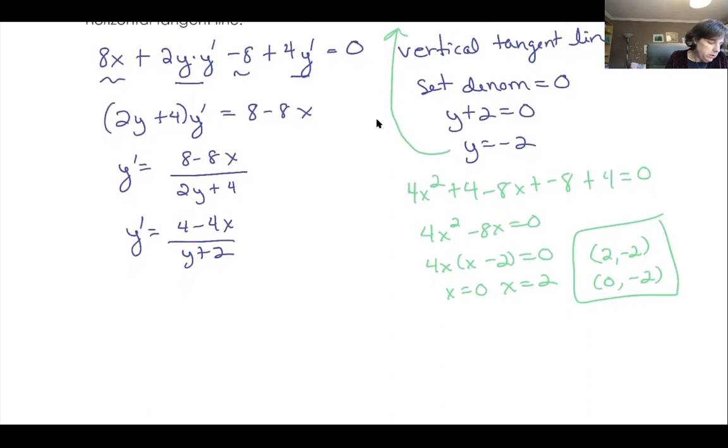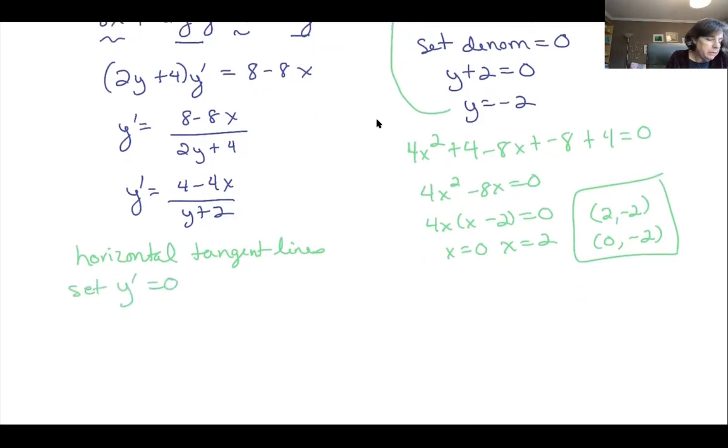Okay. And then we need the horizontal tangent lines. Horizontal tangent lines have slope 0. So set y prime equal to 0. Well, y prime is a fraction.